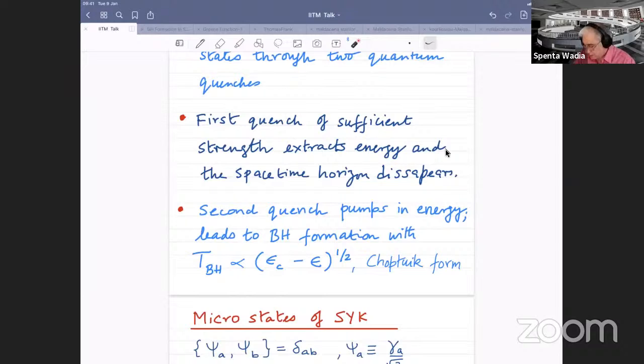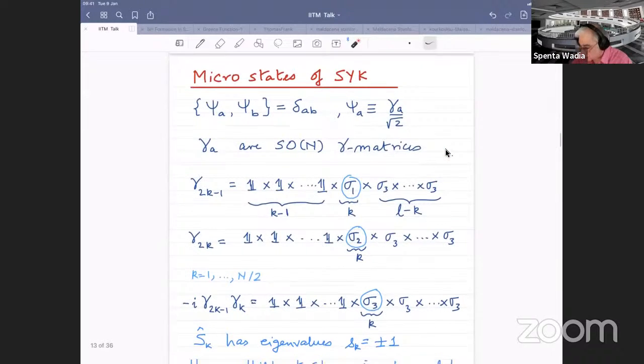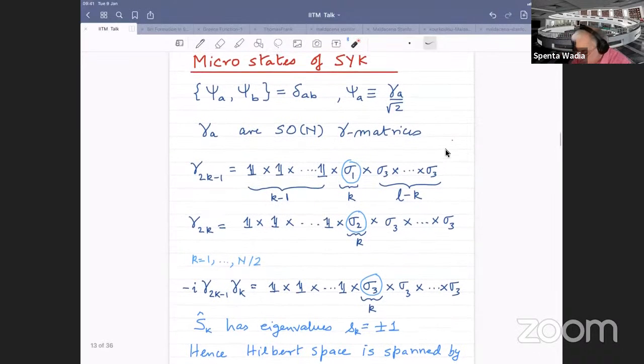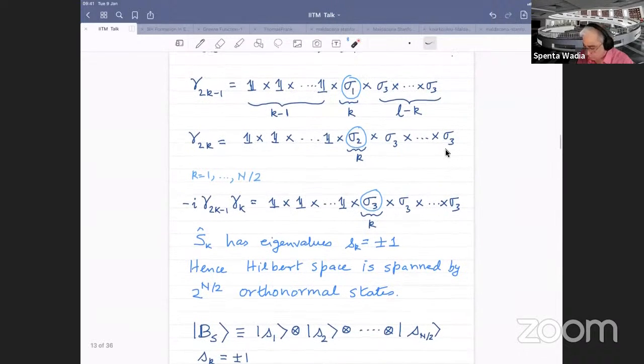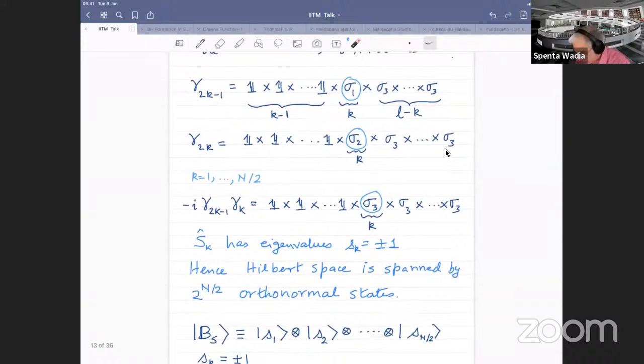And then I will also subsequently describe ongoing work, but there is no conclusion, so I have not put it here. So, microstates of the SYK model. As I said, you have real Majorana fermions. This is the commutation relation. And basically these are, up to a constant, the usual gamma matrices in higher dimensions. And this is the representation of the gamma matrices.